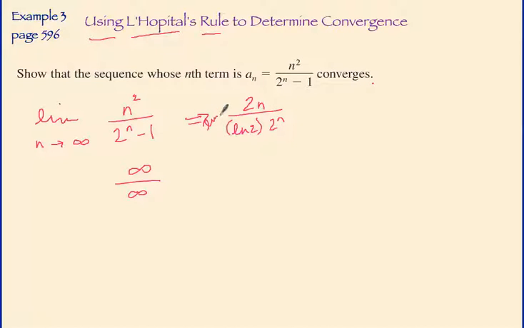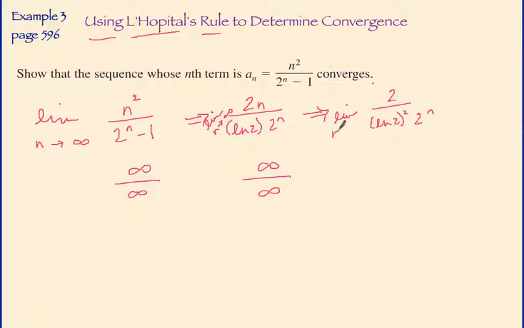Now let's try to take the limit as n approaches infinity. Notice we get infinity over infinity again. How about L'Hopitaling again? We're going to take the derivative of the numerator, which is 2, over the derivative of the denominator, which is now natural log of 2 again, which makes it natural log of 2 squared, times 2 to the n.